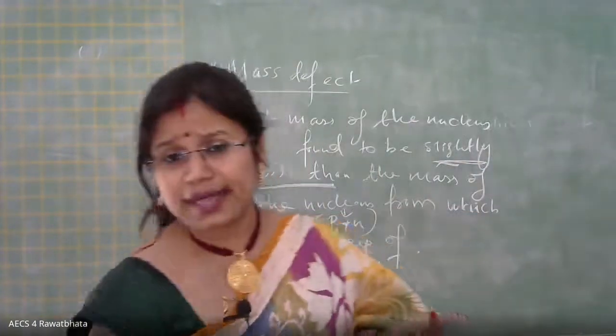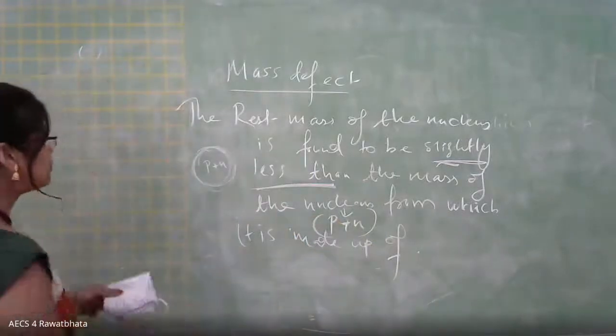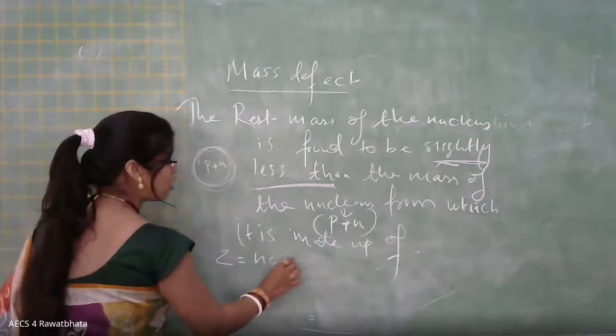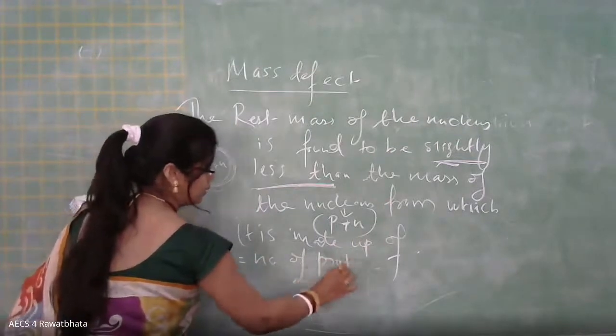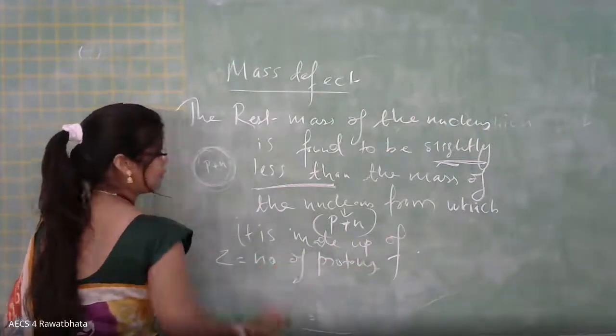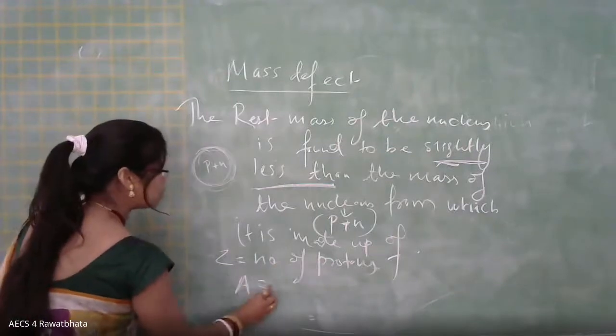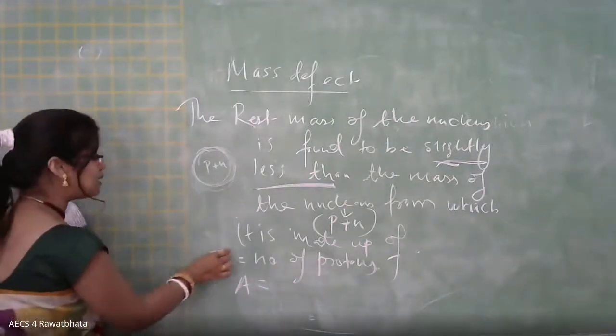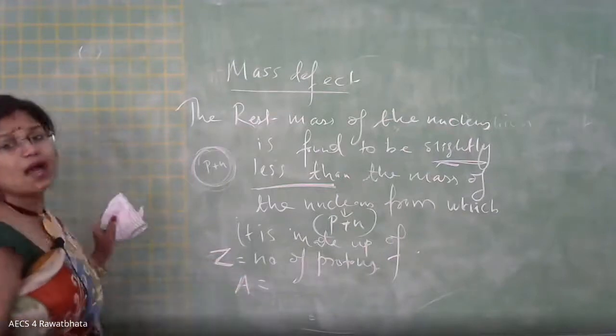So in this case, suppose we are taking Z as the number of protons, the atomic number, and A as the atomic mass number.